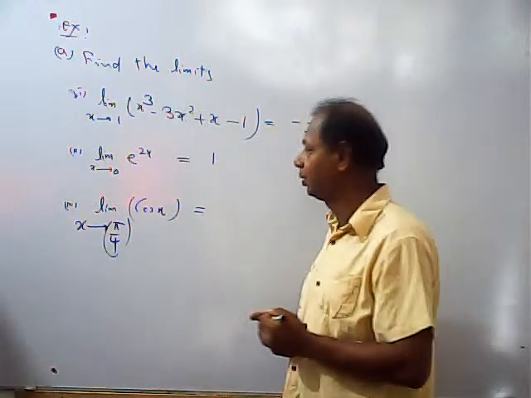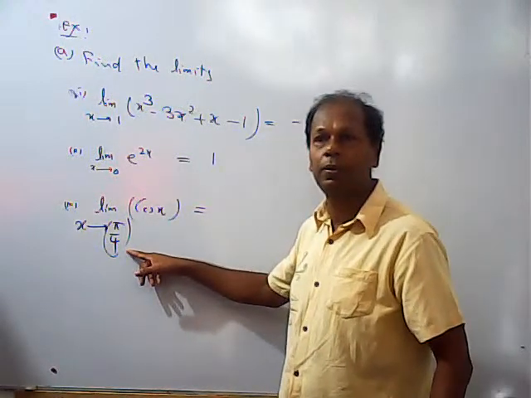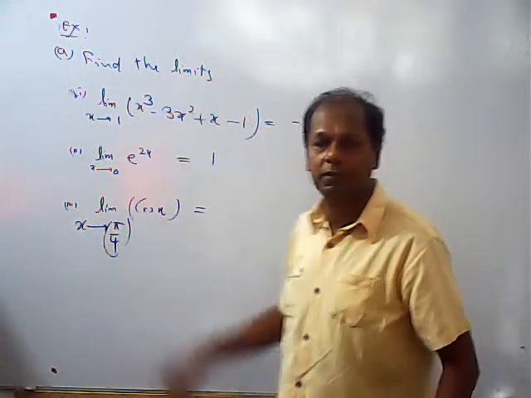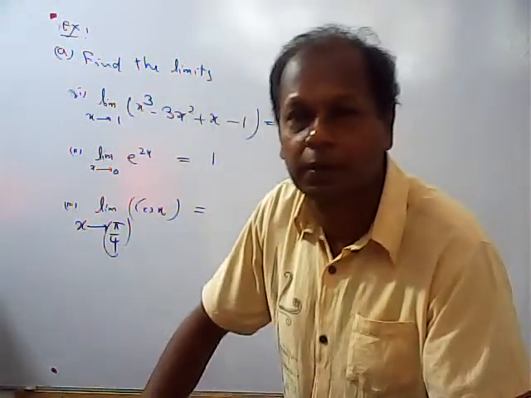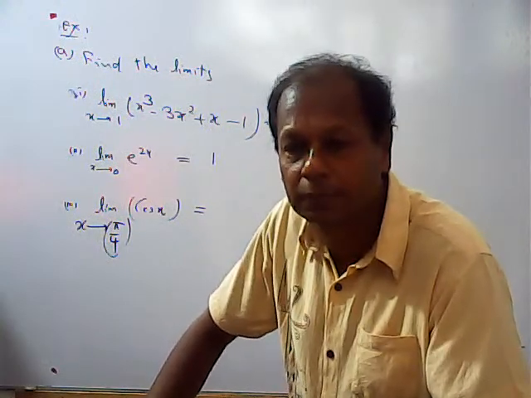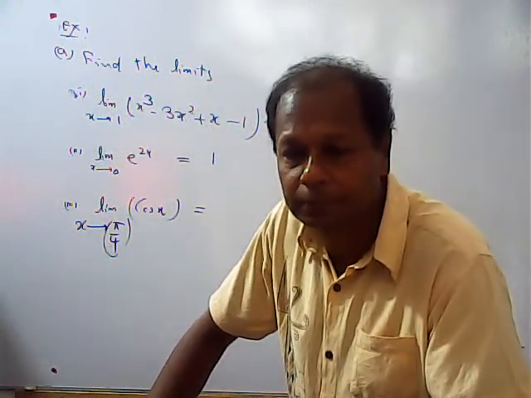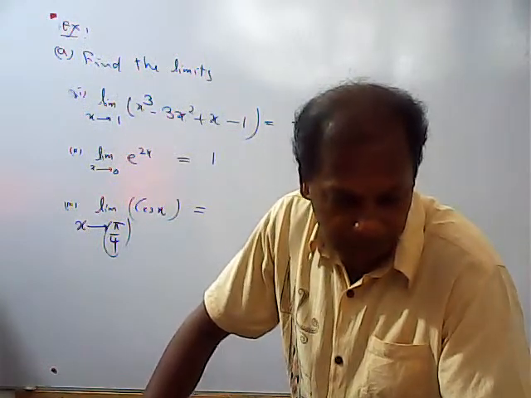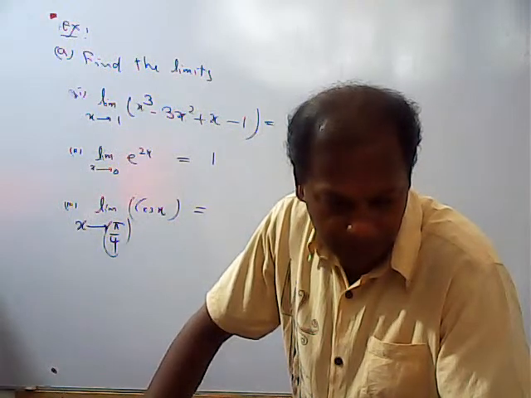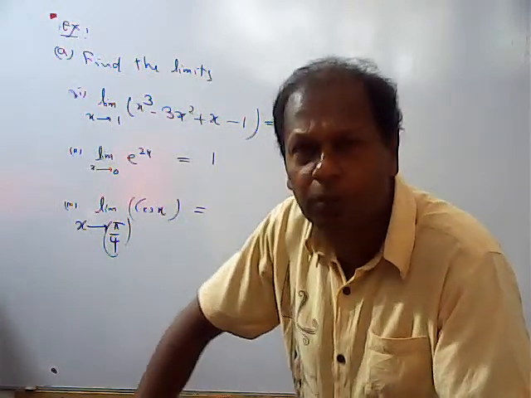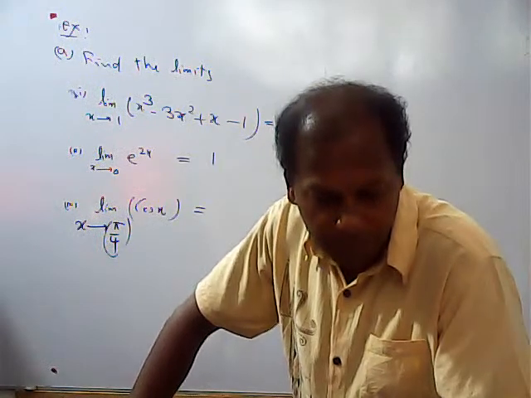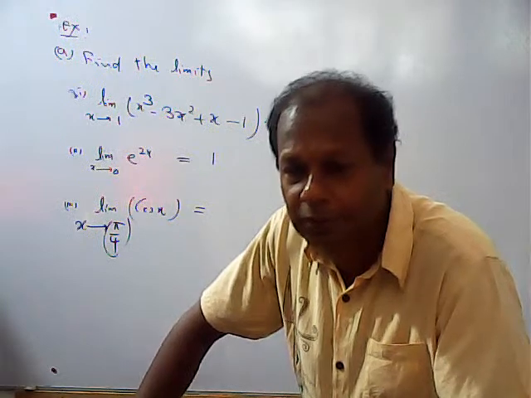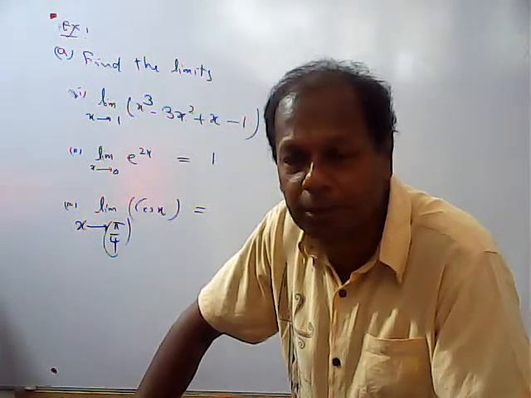What about this? As x goes to pi by 4, cos x. Your answer? Part 3. What happened to the others?